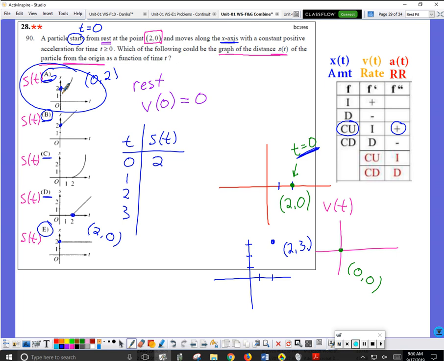And the reason it makes sense is, okay, the acceleration is constant and positive. Acceleration is the rate at which velocity changes. That means the velocity is changing at a constant rate. So the particle starts out not moving at all, and then its velocity goes up and up and up at a constant rate.